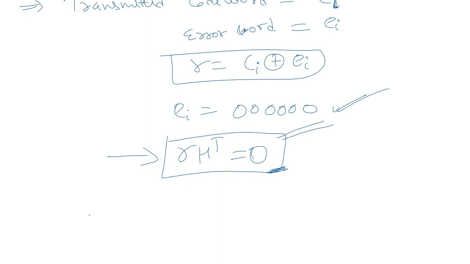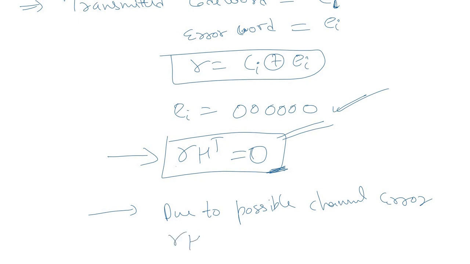Because of possible channel errors, this R into H transpose is in general a non-zero row vector, and this vector is known as the S vector, which is the syndrome vector.